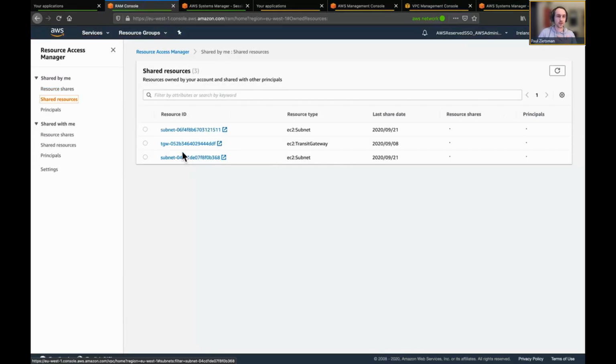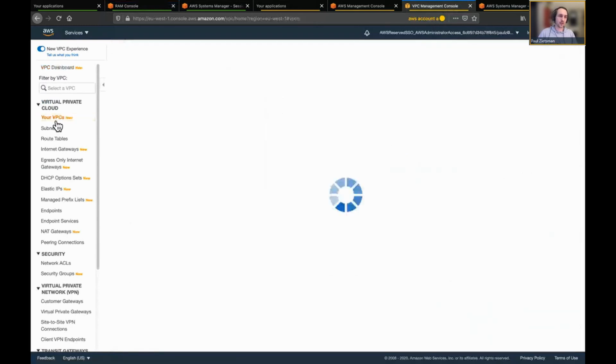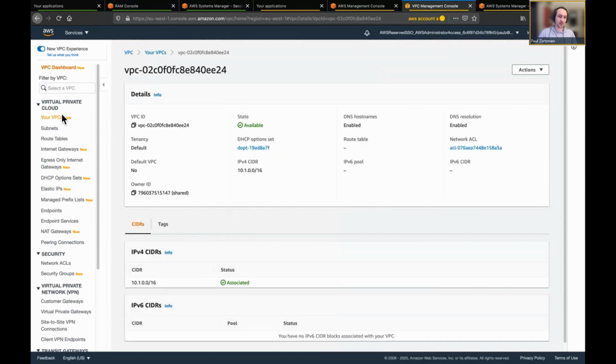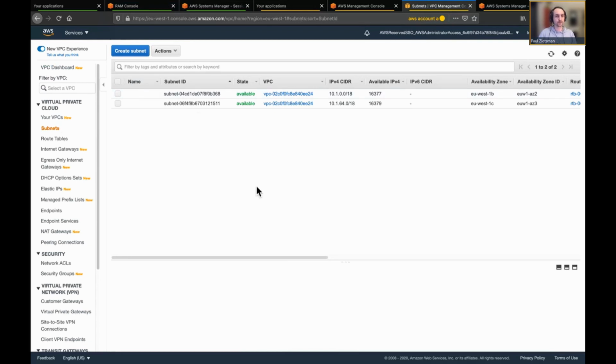So shared resources, I'm sharing those 2 subnets out. And over here, if I go in here, you'll see in this VPC, there's a VPC, it doesn't have a name. And I've got subnets without names as well, because those tags don't propagate.